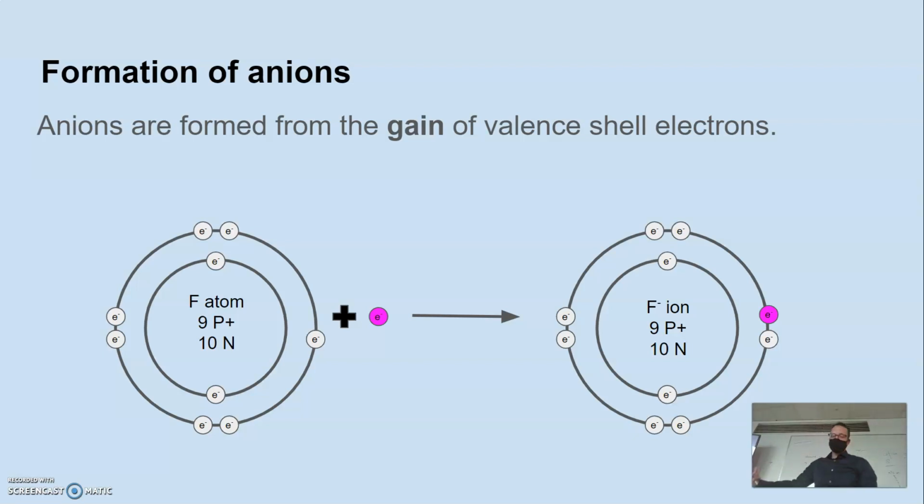And the anion size is slightly larger. 9 protons, 10 neutrons in the nucleus. Notice how the name slightly changed too. We go from a fluorine atom to a fluoride ion.